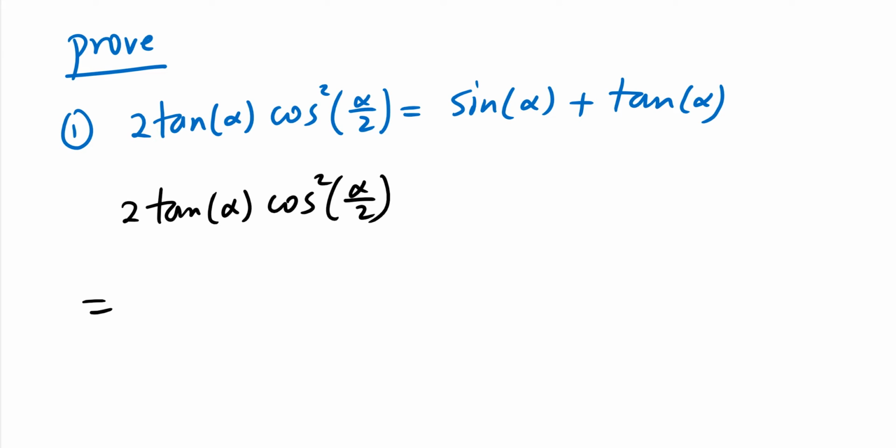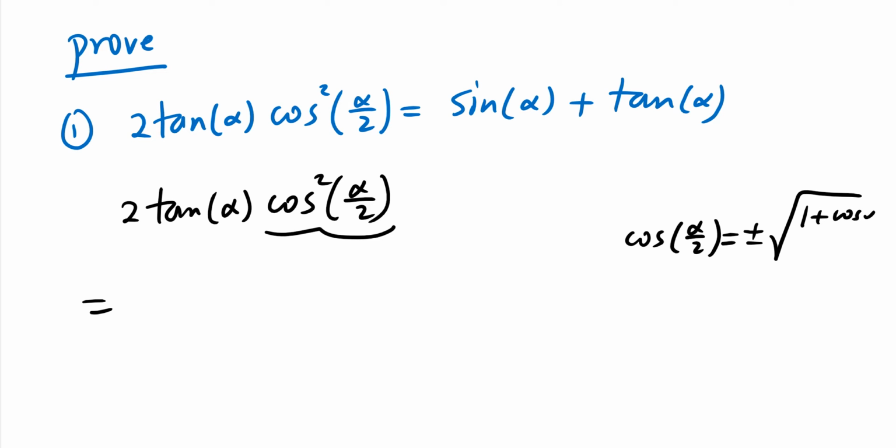Let's see how we do this. First thing, if you look on the right side, I need sine plus tangent. So what do I do with this one? Do I have a formula for that? Well, I'm going to write the formula for cosine alpha over 2, if you remember, plus or minus the square root of 1 plus cosine alpha over 2.